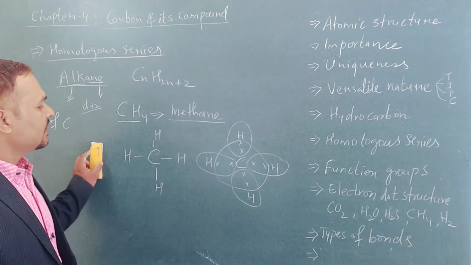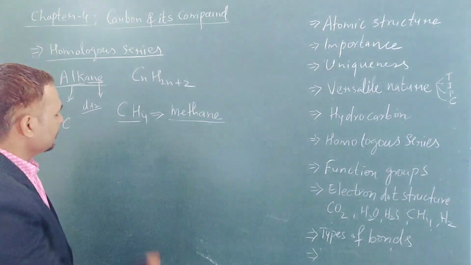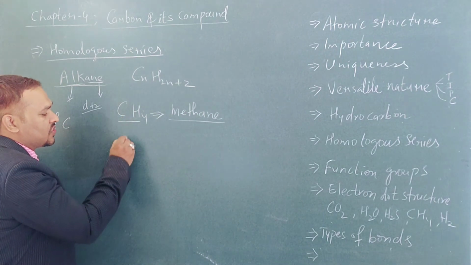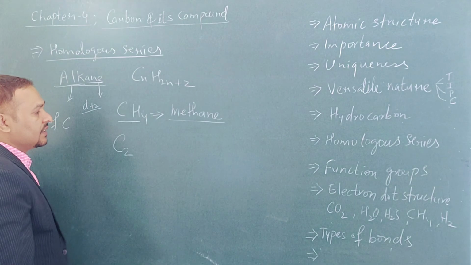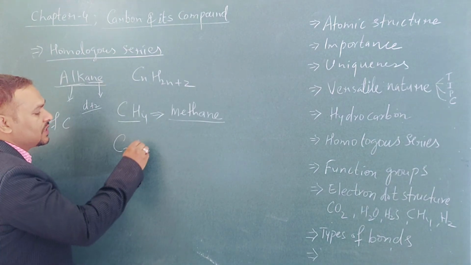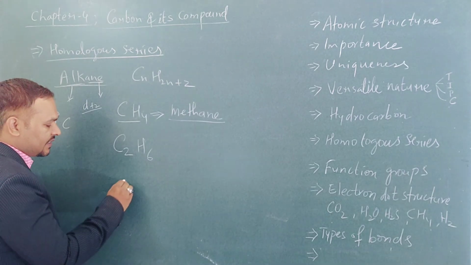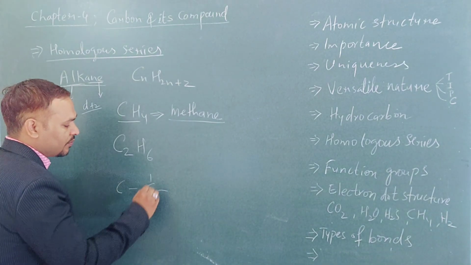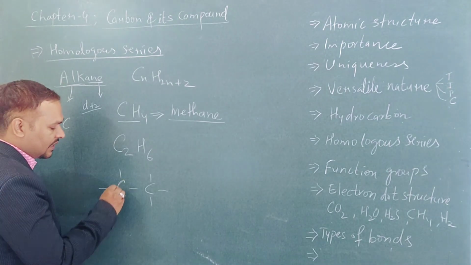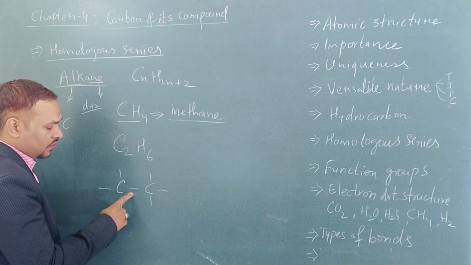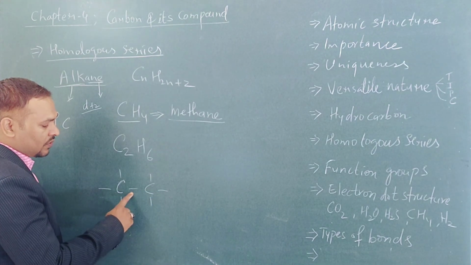Let's talk about the next compound. If suppose carbon is 2, then what will happen? Then the number of hydrogen will be double plus 2, कितना हो जाएगा? 6, right? And structural formula, simply you can have 4 valency for carbon. Here you can see 1 2 3 4 for this carbon, and for this carbon 1 2 3 4, right?